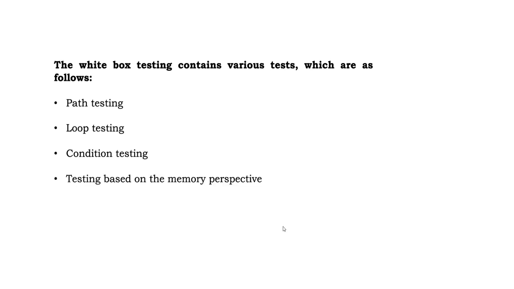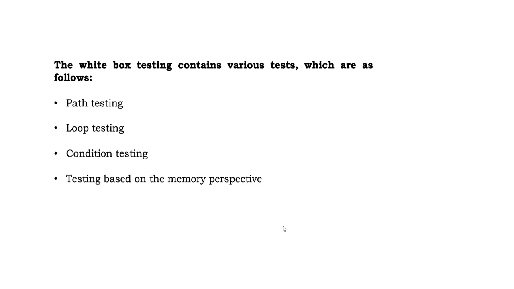White box testing contains various tests, which are as follows: path testing, loop testing, condition testing, and testing based on memory perspective. Since it is code-based testing, first we have to check the path. Take the login example I gave. There are two paths. As a user, I can enter a valid email and password combination, or I can enter an invalid email address and password combination. So it should have the capacity to choose whichever is the correct one.